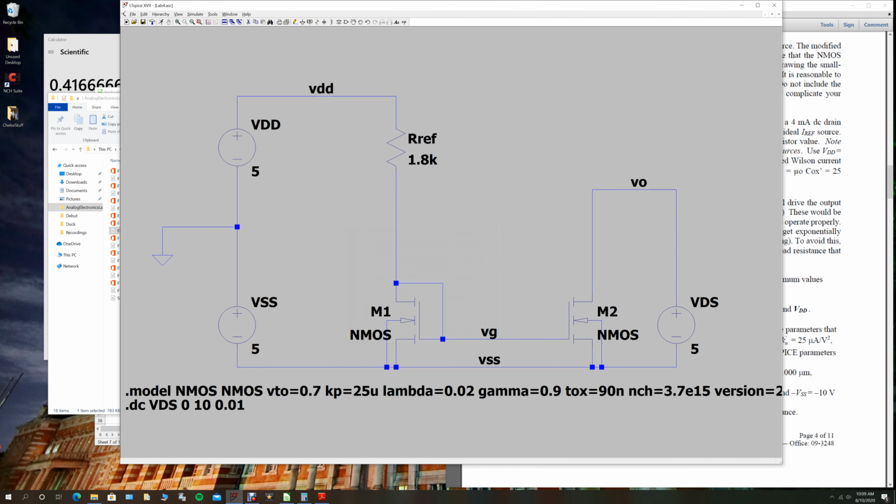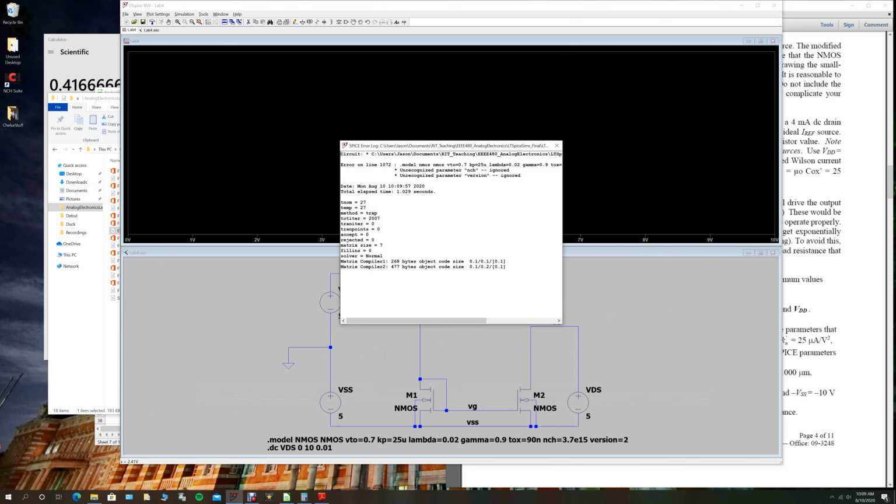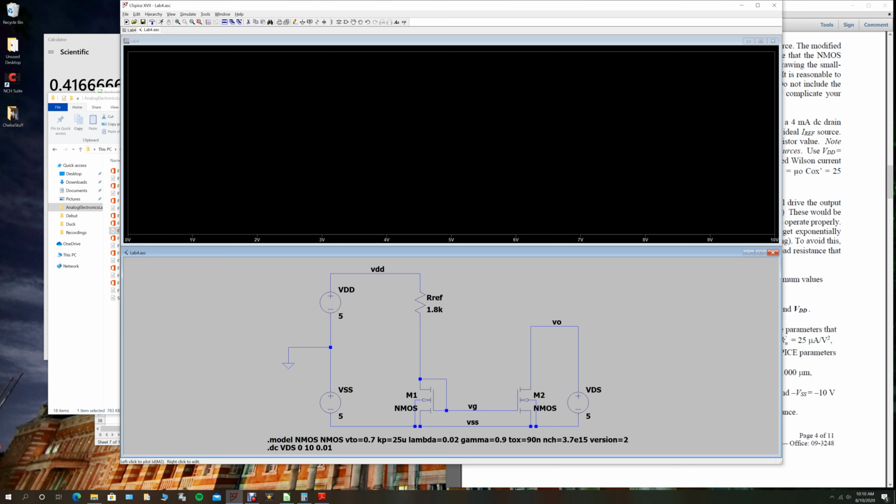So if you run this sim, it doesn't like a couple of the model parameters that I used, so you can just ignore that. But you can see the x-axis here is voltage for VDS, and we want to monitor the drain current at the output. And this should look pretty familiar from your class notes.